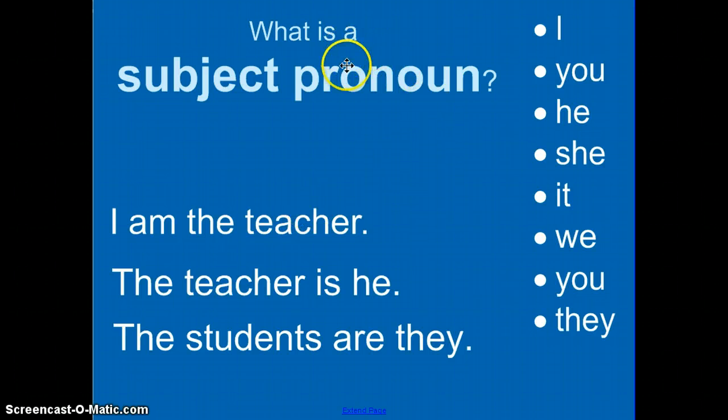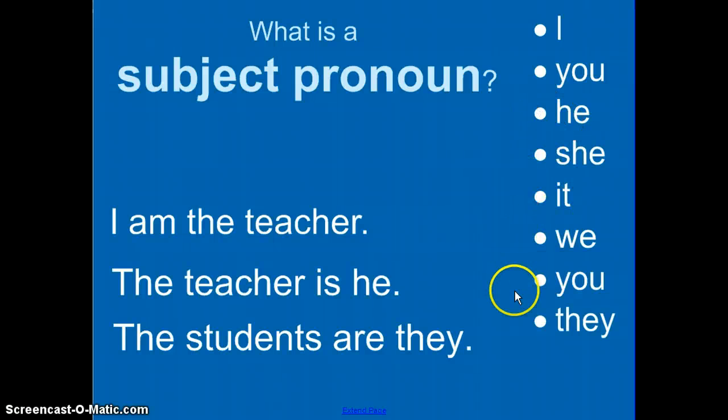So we have subject pronouns first, and these are the subject pronouns that you will need to know. I, you, he, she, it, we, you, they. And yes, you is listed on here twice, because you can be referring to a singular you, like do your homework, or a plural you if I was talking to the class and said, everybody turn in your homework.